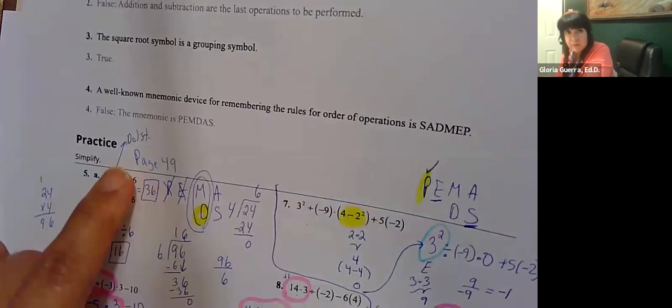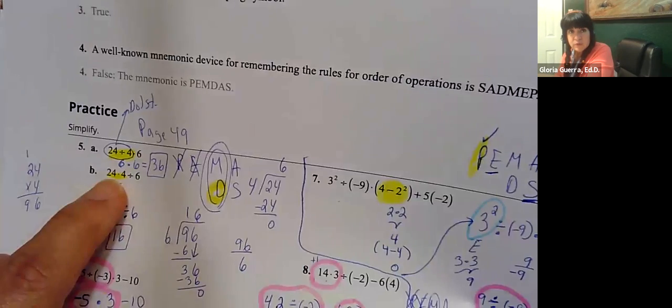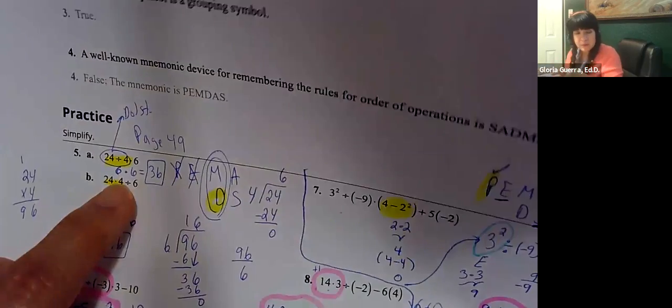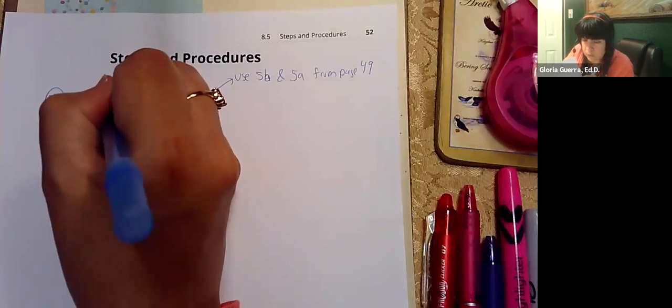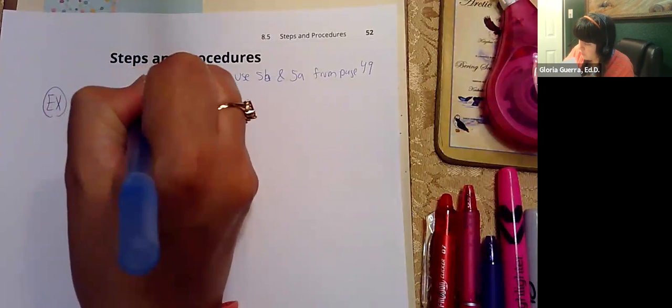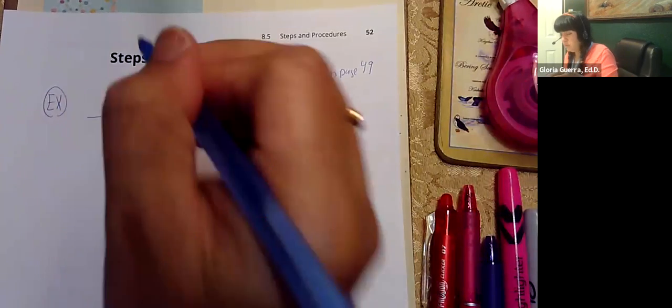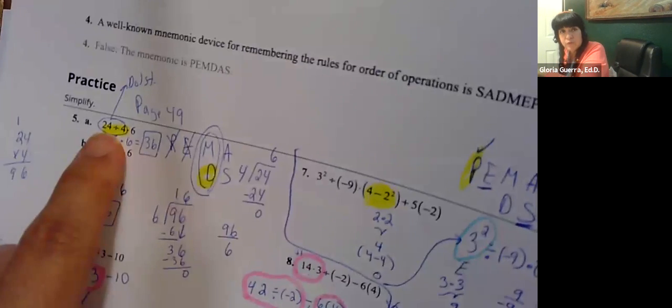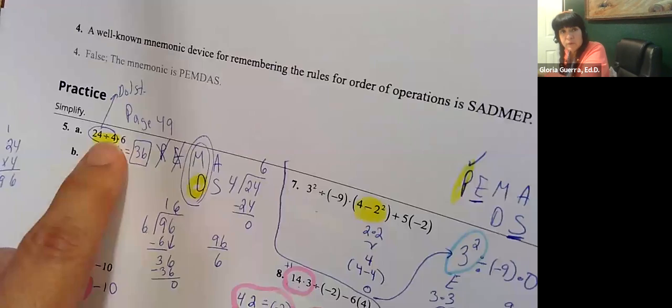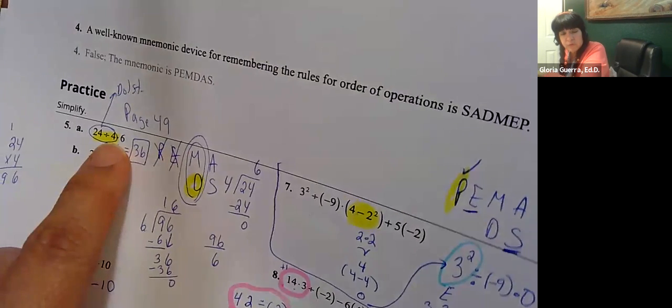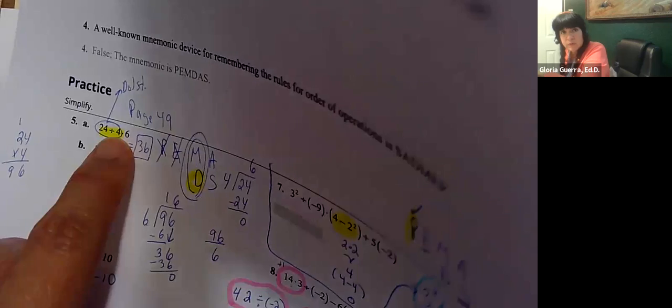Right here, 5B was 24 times 4 divided by 6. And then I may use 5A. 5A is 24 divided by 4 times 6.